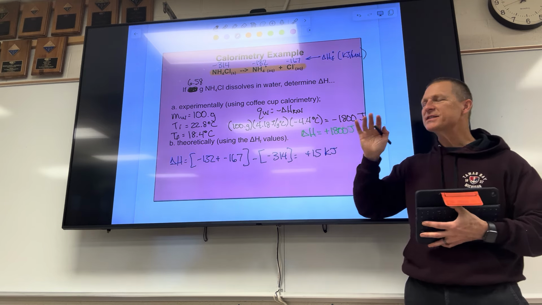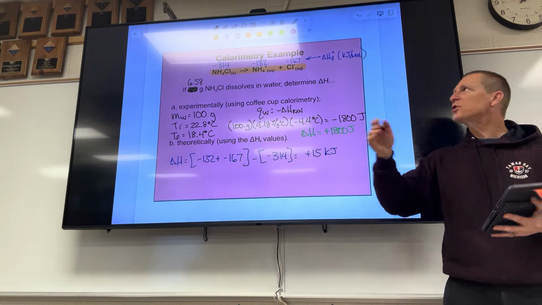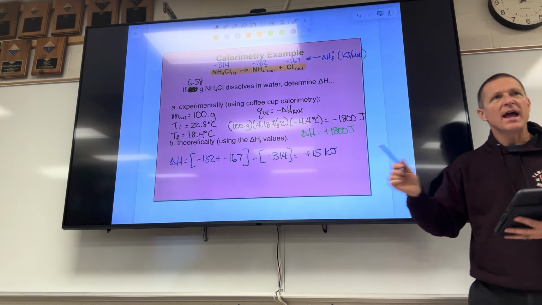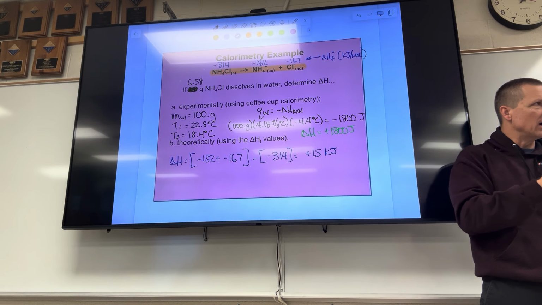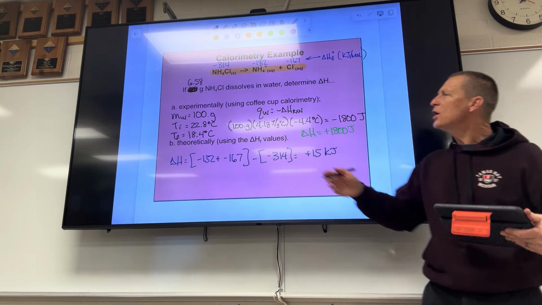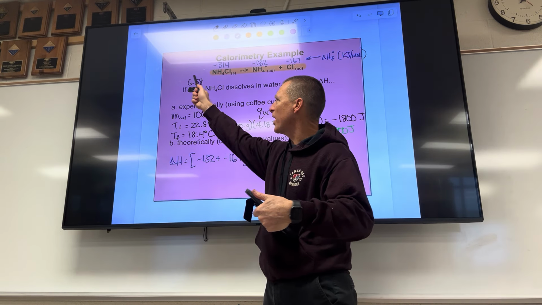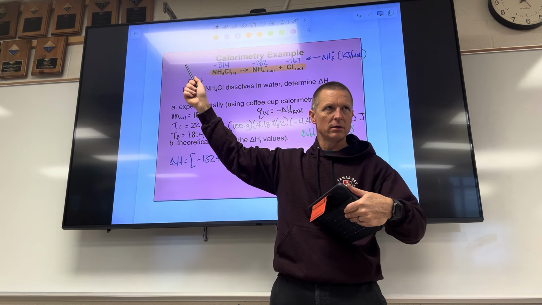Now, I do this, and this is really important for you to see. You can include the delta H value as a part of the stoichiometry conversion. So we know that only 6.58 grams of ammonium chloride, that's not a mole.